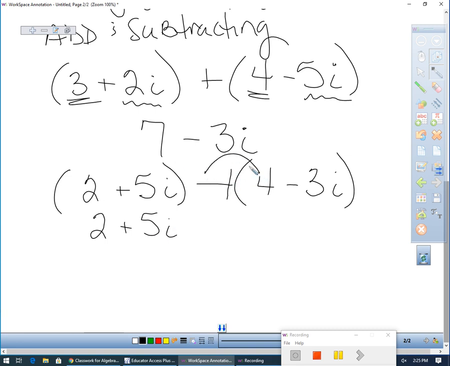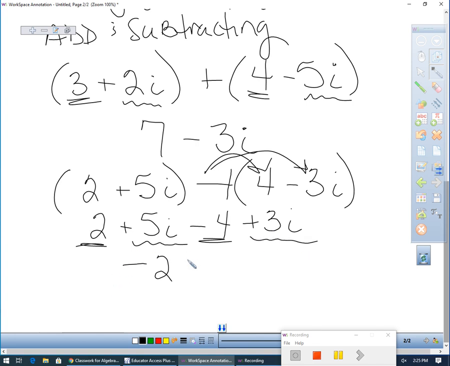So negative 1 times 4, negative 4, negative 1 times negative 3i is positive 3i. Then I'm going to collect like terms. 2 and negative 4, negative 2, 5i and 3i is 8i. And that would be your final answer. Okay?